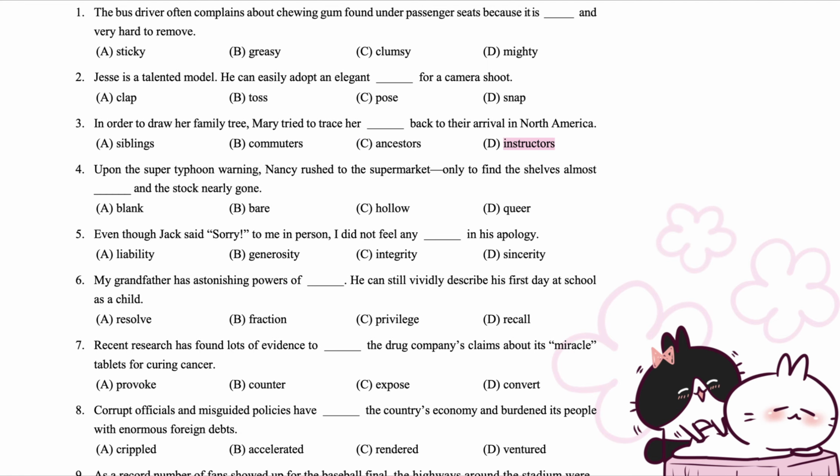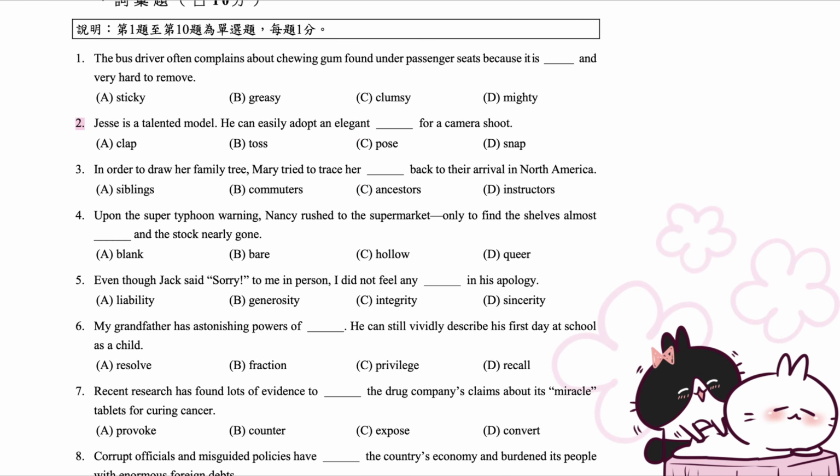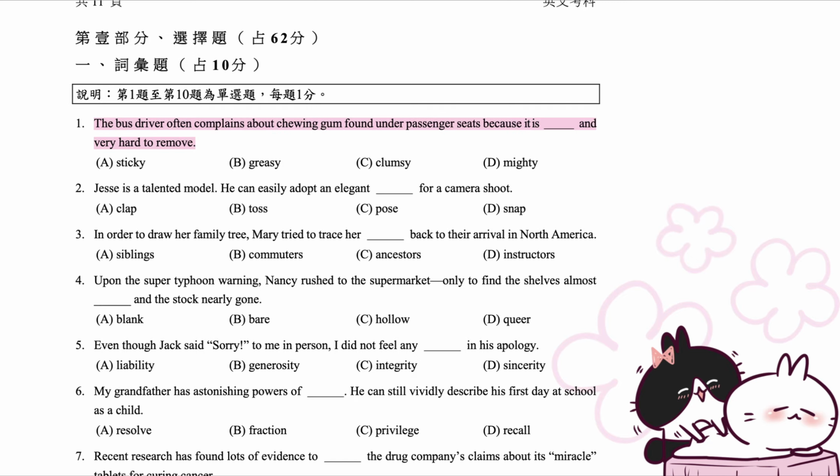D. Instructors. 2. Jesse is a talented model. He can easily adopt an elegant pose for a camera shoot. A. Clap. B. Toss. C. Pose. D. Snap. 1. The bus driver often complains about chewing gum found under passenger seats because it is sticky and very hard to remove. A. Sticky. B. Greasy. C. Clumsy. D. Mighty.